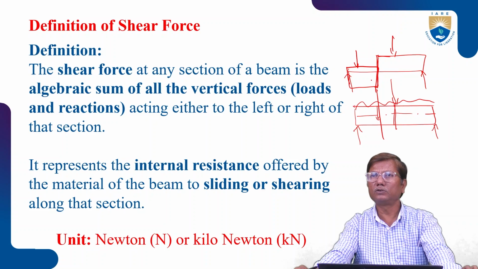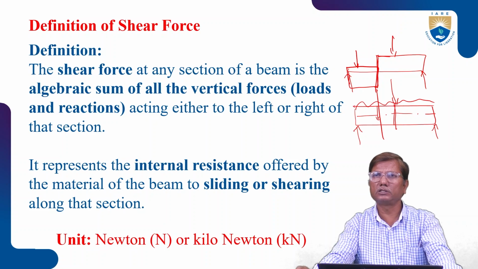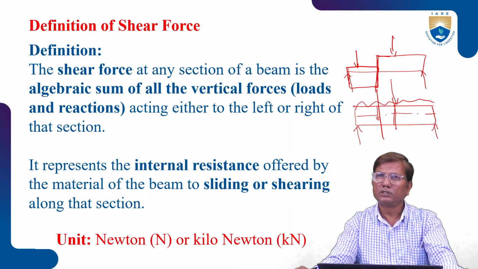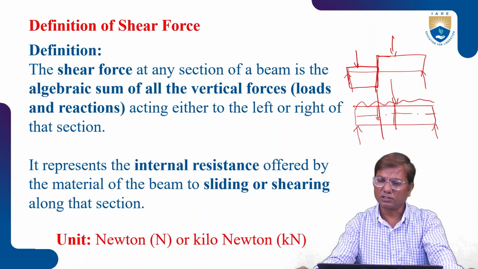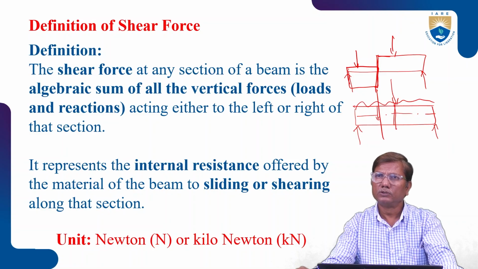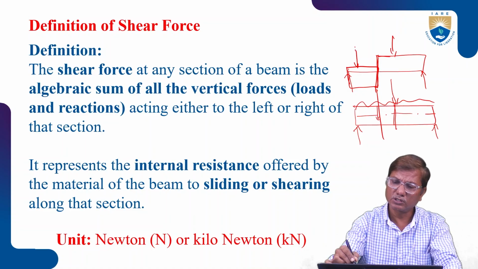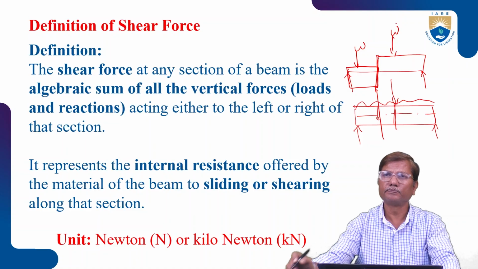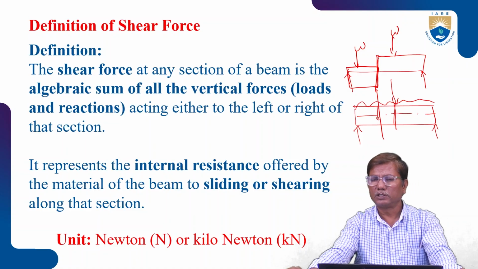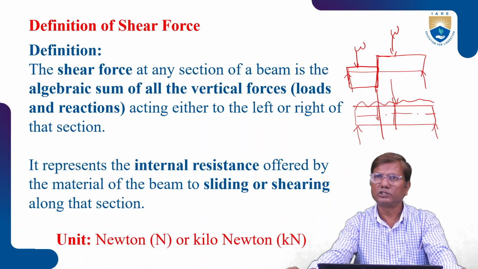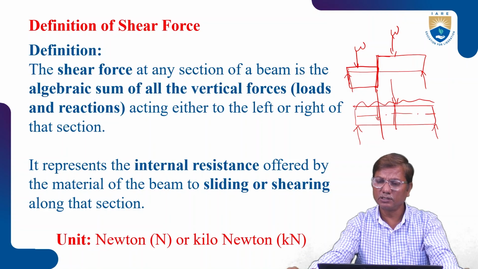That means the failure of the cross section to resist the shear force. So it occurs at the weakest cross section. So when beams are designed, the shear force also is to be taken care of. It is to be kept in mind while designing the section for shear forces.